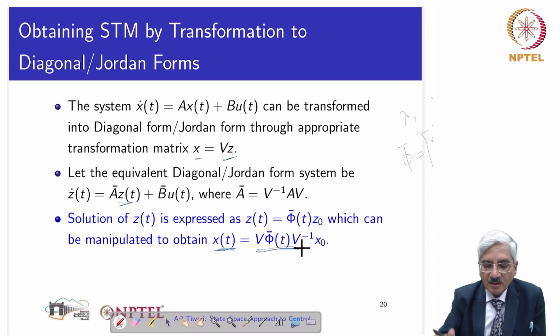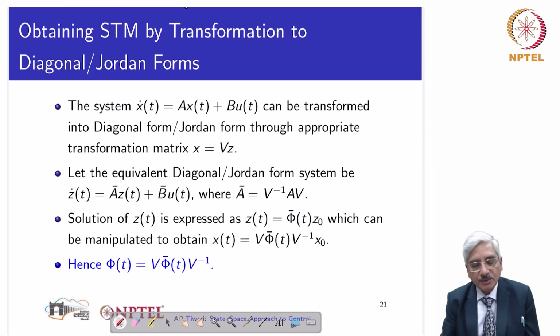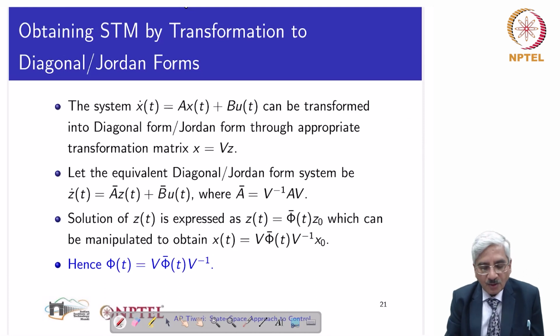So by converting the system into diagonal form, we obtain the state transition matrix for the diagonalized system, and then by pre-multiplication by V and post-multiplication by V inverse, we get the state transition matrix for the original system, the phi t.